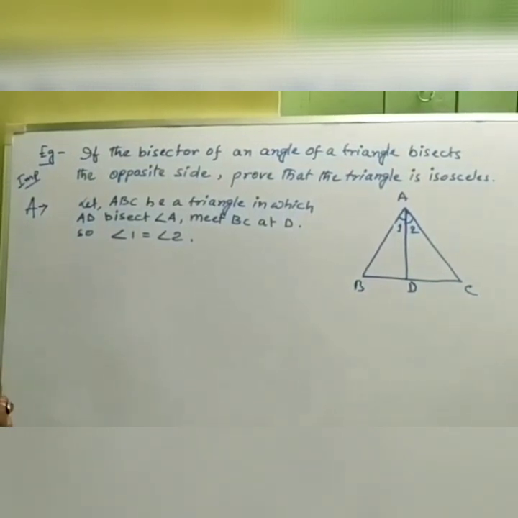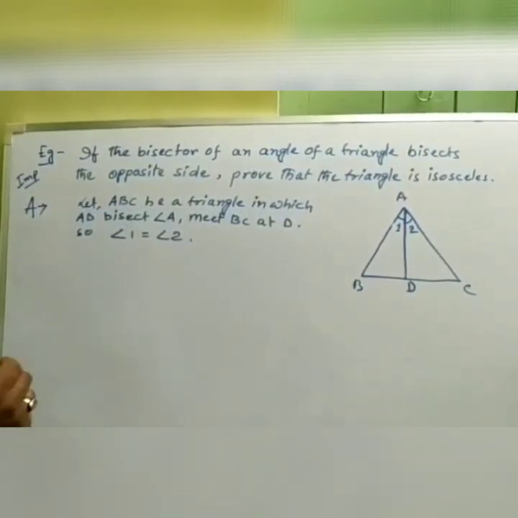Clear? So now we have the bisector of angle A, that is AD.